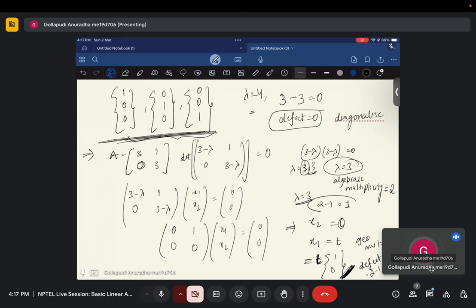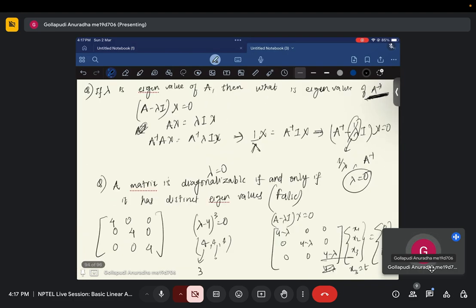Okay, so one main important thing for the matrix to be diagonalizable is that for each eigenvalue the defect should be 0. For example, if we saw here that the eigenvalues are 4, 4, 4, then for eigenvalue 4 the algebraic multiplicity is 3.